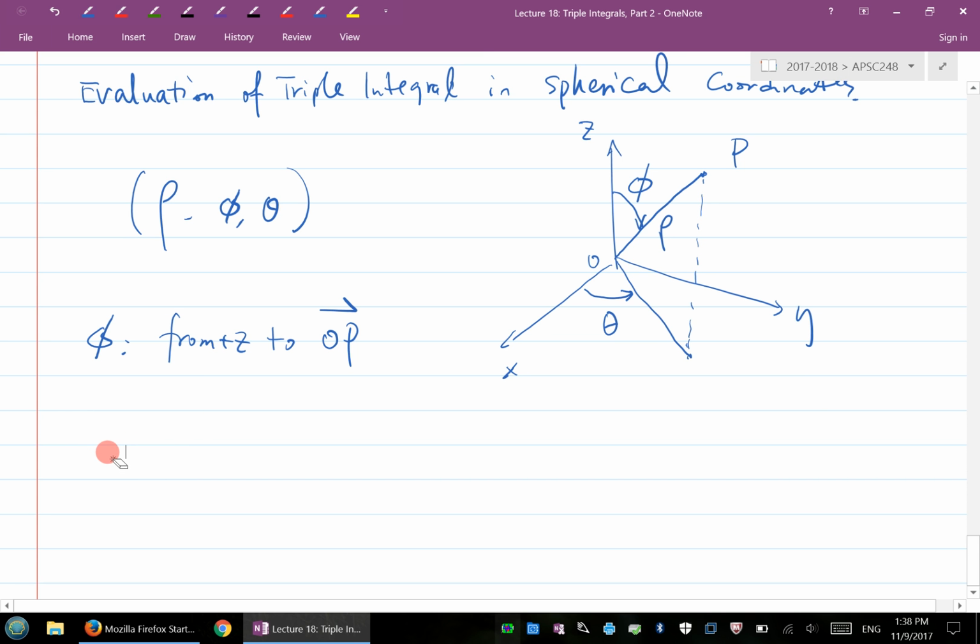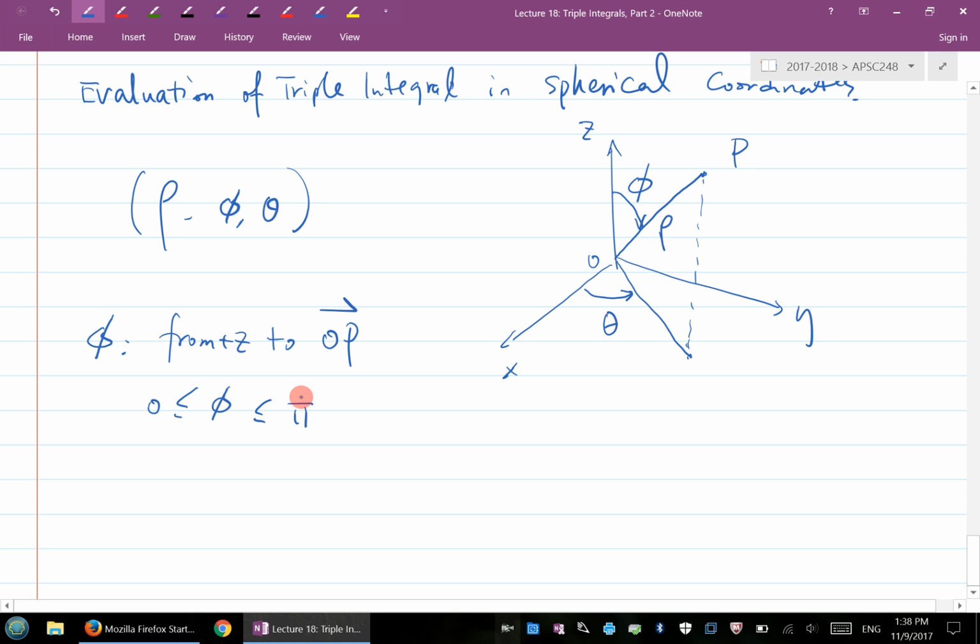Before we talk about rho, one more thing about the phi angle. If you pick a different point P, maybe a point P below the xy plane, then phi will be greater than 90 degrees, right? So there is a limit rigidly set for phi. It's always going to be between 0 and pi. The maximum value for phi is 180 degrees.